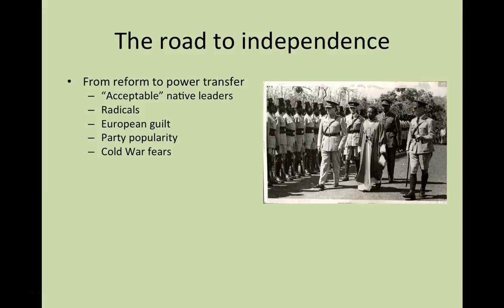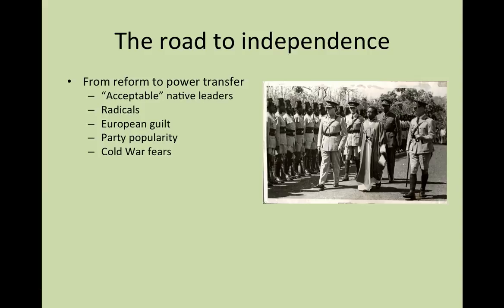The British ultimately recognized that if they were going to deal with the native leaders, they had to deal with the ones that were popular, and so they turned their attention to the Convention People's Party.